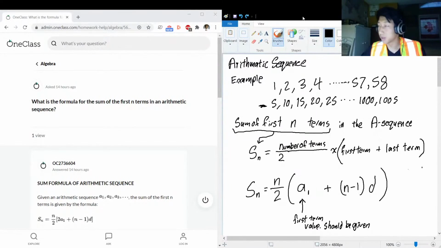Let me double check this because I do not want to say anything wrong and have anyone include that in their calculations. D being what you're adding each time.